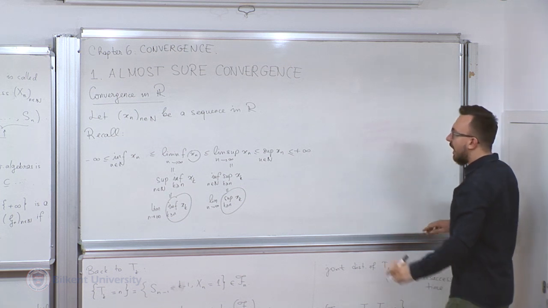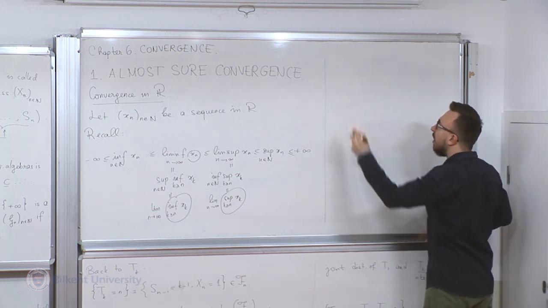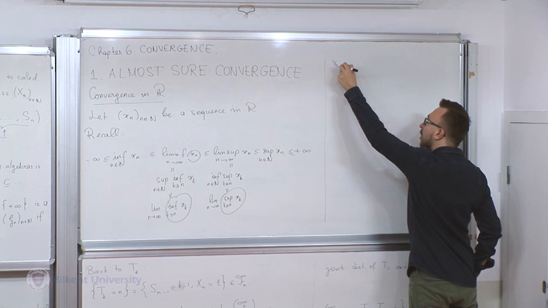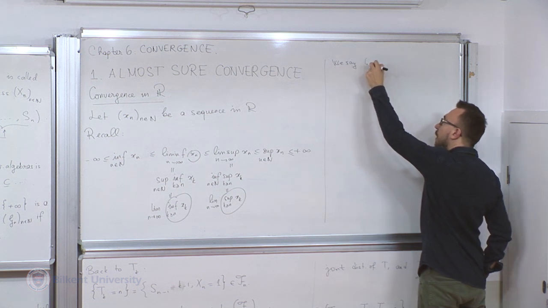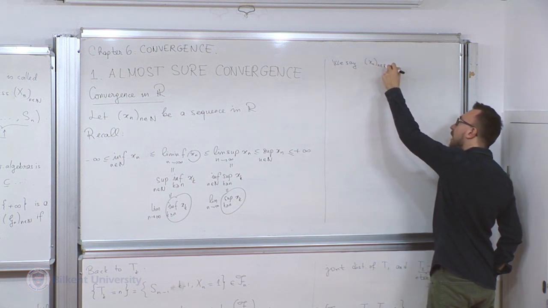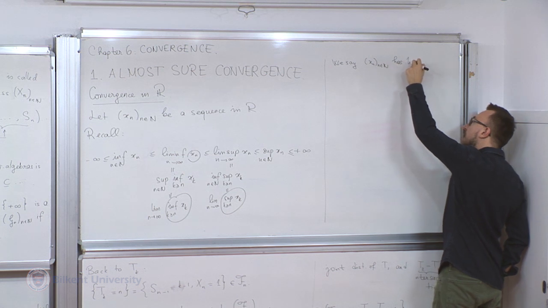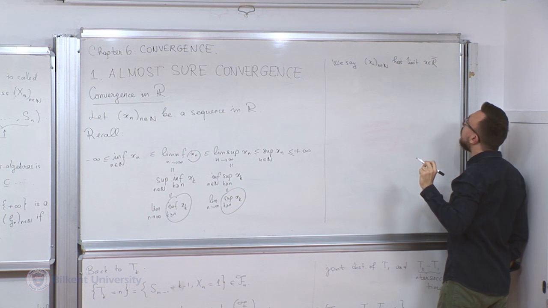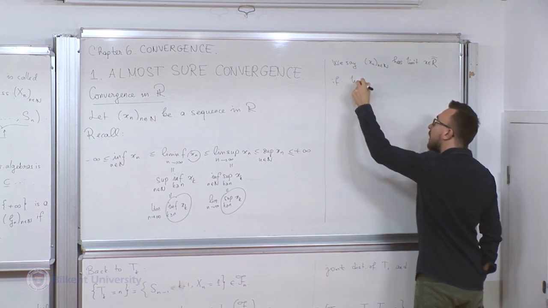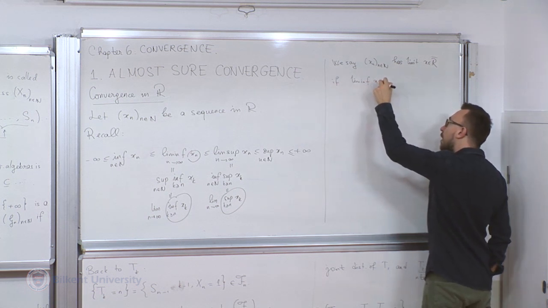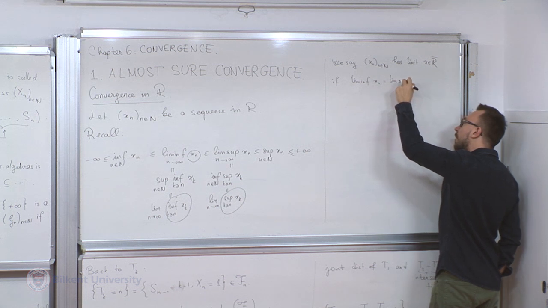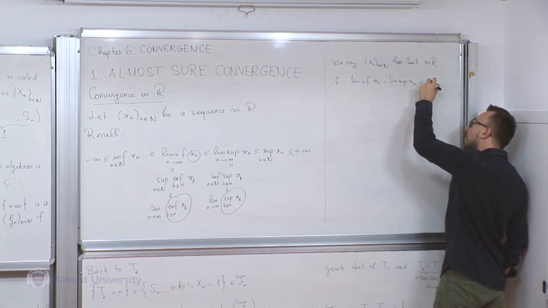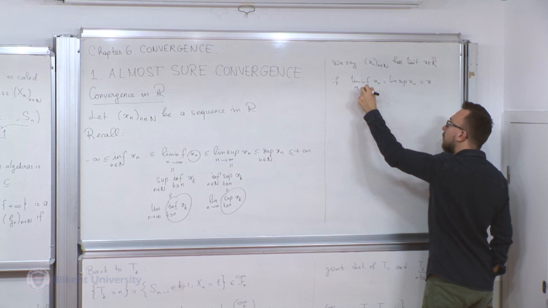Okay? So we say xn has limit x, where x is some extended real number, if the lim inf equals the lim sup, and they're equal to x.